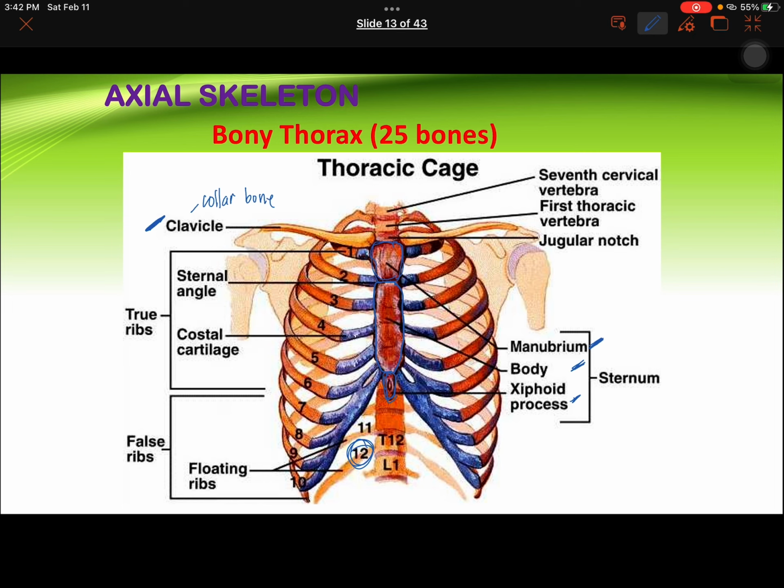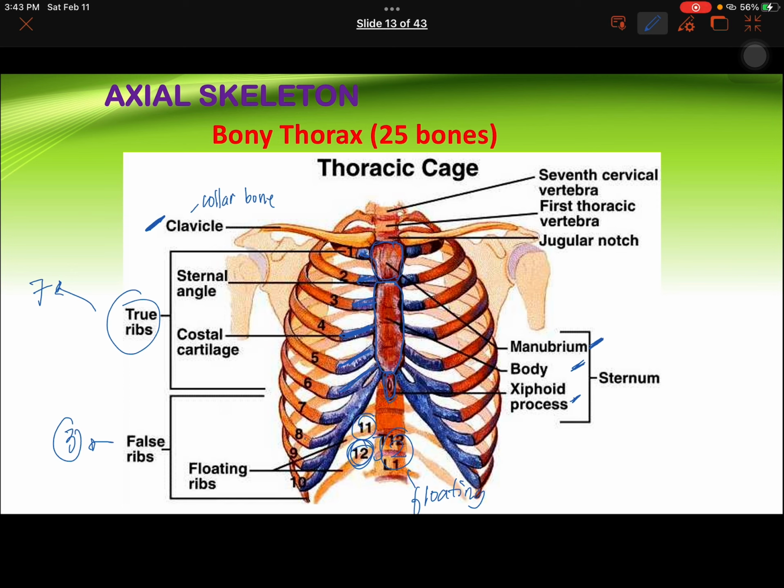We have 7 true ribs, 3 false ribs, and 2 floating ribs. True ribs because they are connected separately to the sternum by their own ligament.